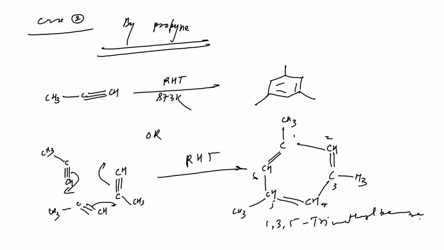Next one, we are going to the next one, which is three. Polymerization of butyne we are taking, case 3. We are talking butyne. So you see, student, how can we do here?